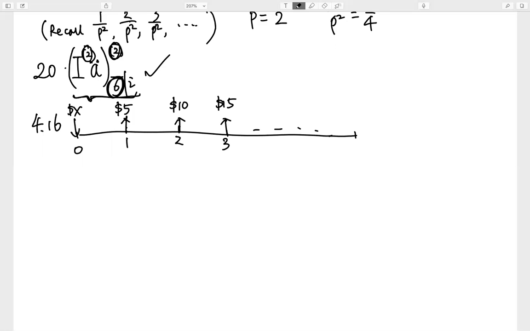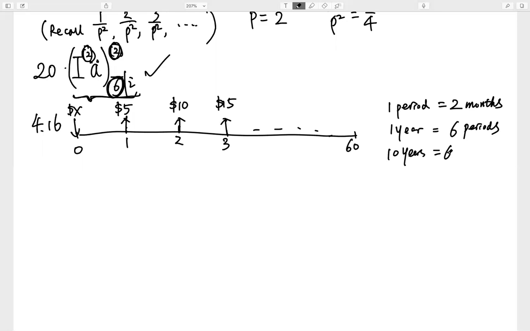Okay, 10 years means it's going to be 60 because 1 period equals 2 months, right? So 1 year would give you 6 periods. So a total of 10 years will give you 60 periods.